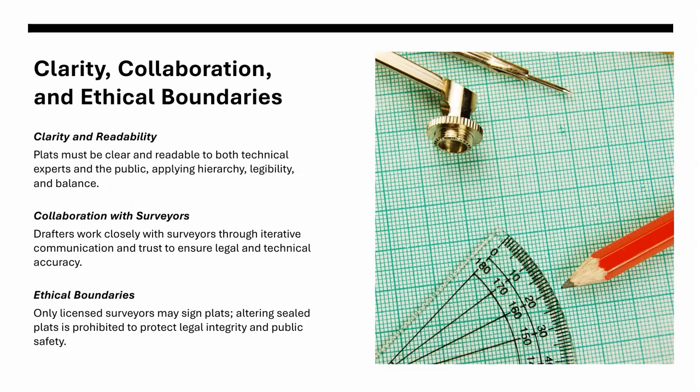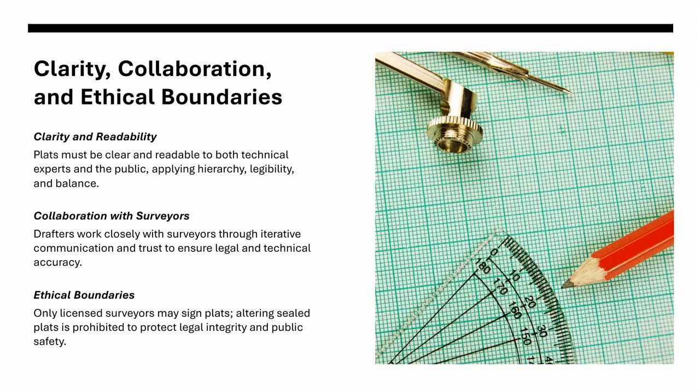Legibility: text must be sized so that bearings, distances, and lot labels can be read and printed at scale. Overlapping annotations or excessively dense callouts defeat these purposes. And then there's balance. The plat must be arranged so that critical features are not crammed into the margins or overshadowed by excessive notes.